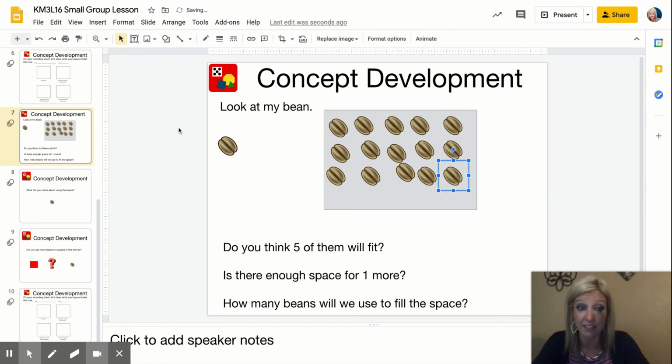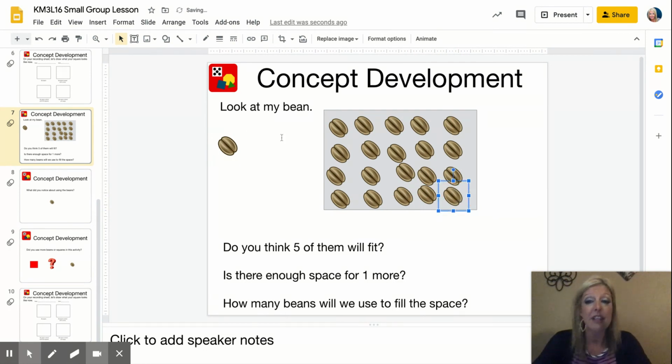Man, there's a lot of these. 16, 17, 18, 19, 20. Wow. This square has an area of roughly 20 beans.